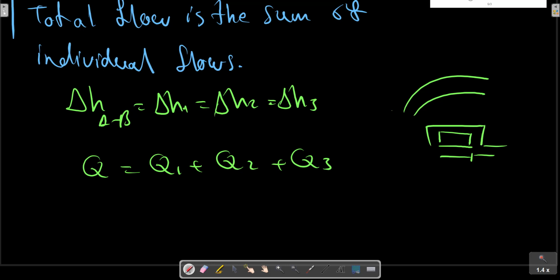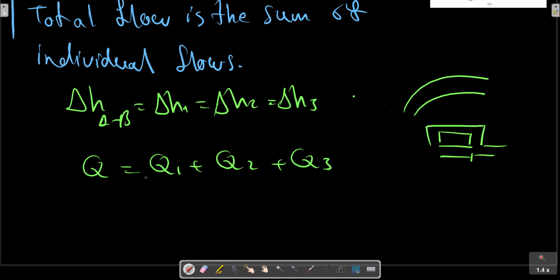as we see in this relation. This is a problem of determining the summation of the flow rates.